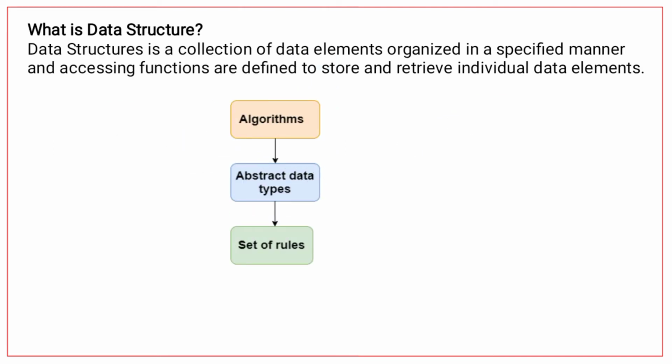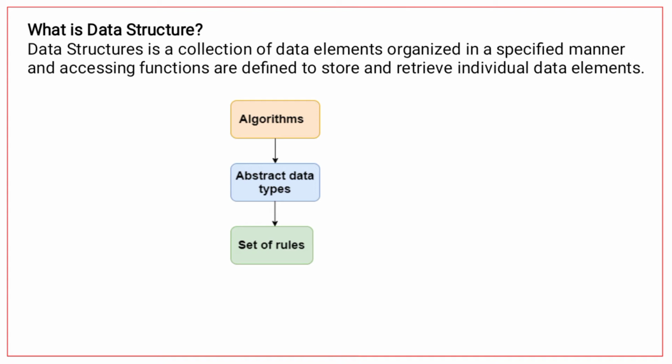Next, what is data structure? The name indicates itself: organizing the data in memory. There are many ways of organizing the data in memory. As we have already seen, one of the data structures is the array in C language.